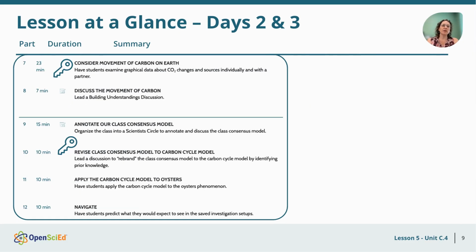So we wonder about the movement of carbon between other spheres. In the second loop, we consider the movement of carbon by examining graphical data about carbon dioxide changes and sources. After a building understandings discussion, we annotate our class consensus model with quantitative data that we gathered earlier, and then we rebrand our class consensus model to the carbon cycle by naming the spheres and applying the carbon cycle to the oysters.